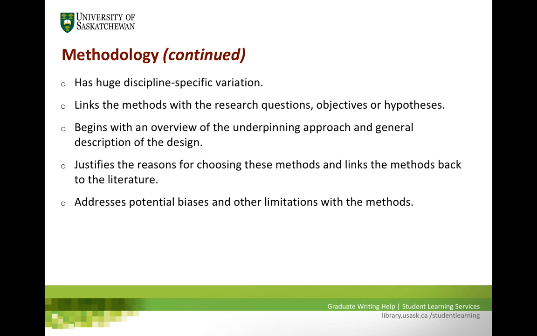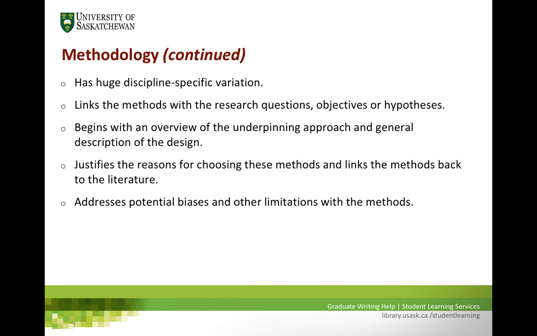And in this type of method section, there are usually few justifications for the methods selected. Then at the other extreme, the method section may be quite long with many subheadings and levels of heading and justifications for the choices made.